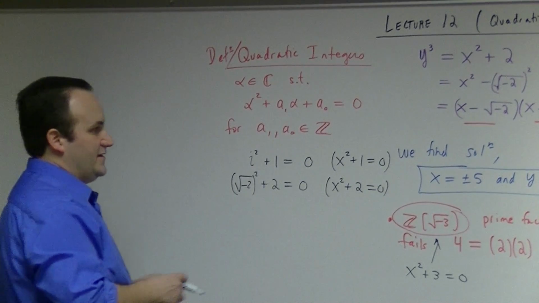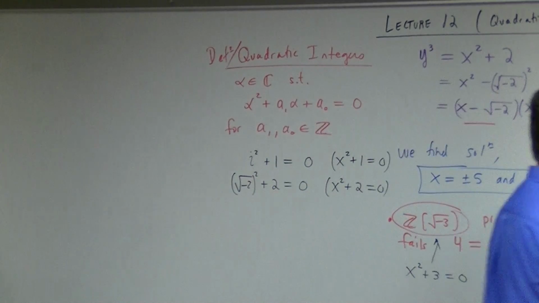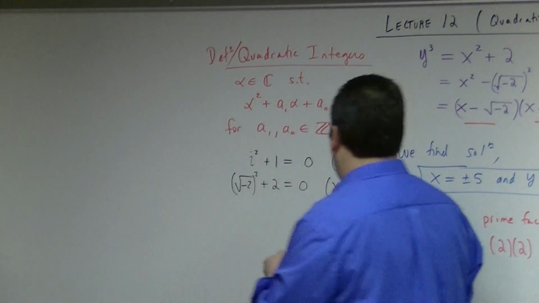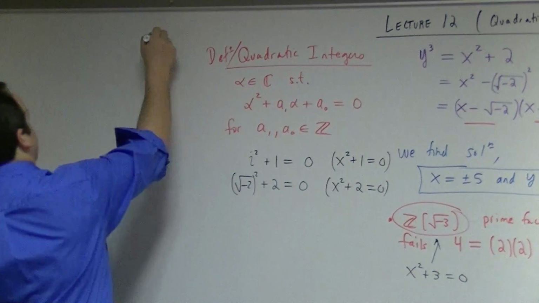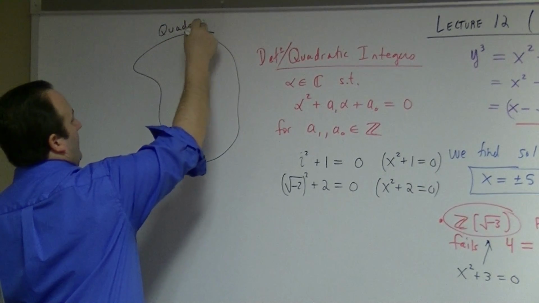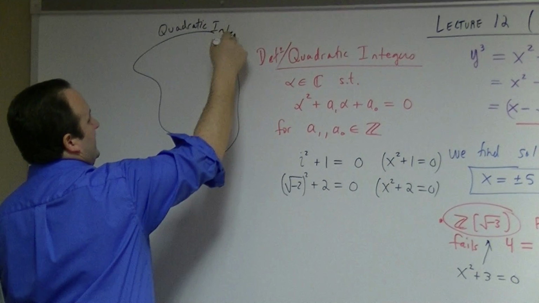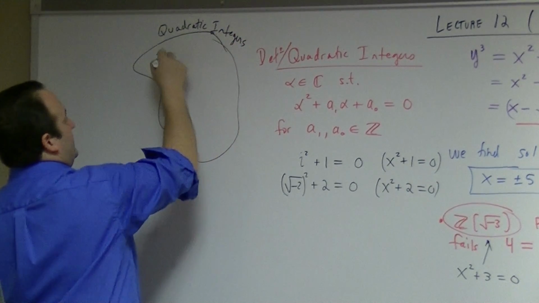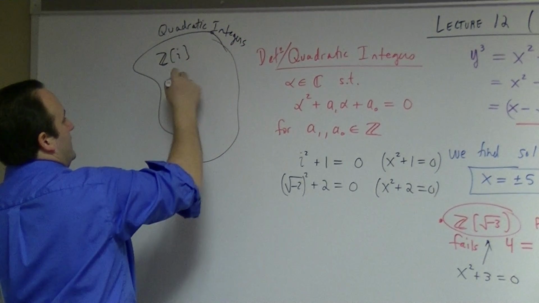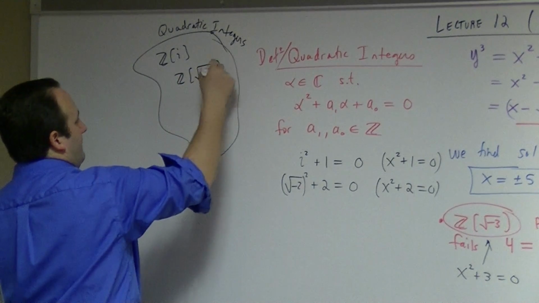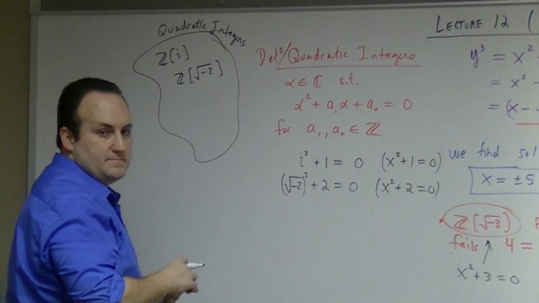So there's this huge ocean of examples that you can think about. Quadratic integers, right? And there's lots of things in here. There's the Gaussian integers, right? There's these guys, and so forth and so on.